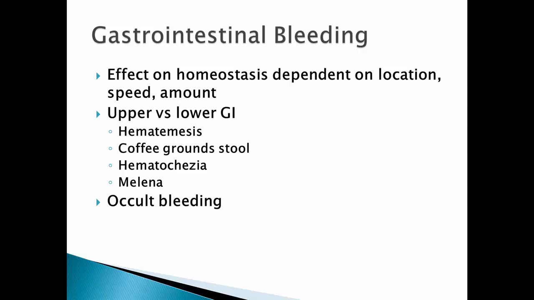And this would present this way because with this slow GI bleed, they continue to make red cells, but they will eventually deplete their iron stores. So eventually, many of these patients with a slow GI bleed or an occult bleed will present with an iron deficiency anemia, microcytic hypochromic.